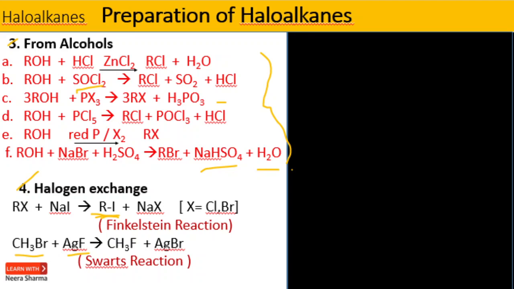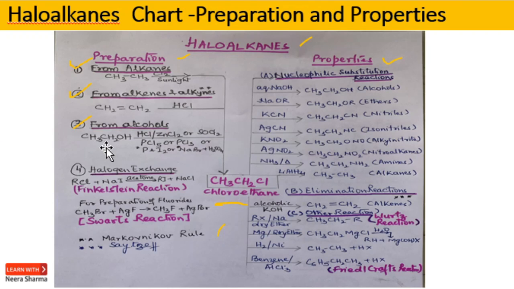So all the methods that you write down every time in detail, we have put in one small preparation of haloalkanes. Here all the methods are given. It just takes you 2 or 5 minutes to revise the whole chart of preparation and properties of haloalkanes.